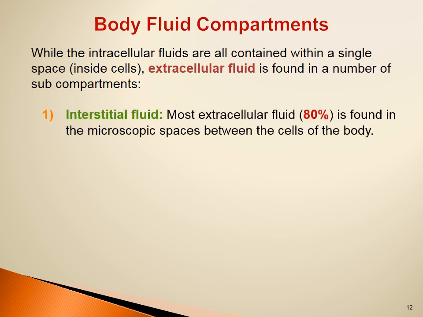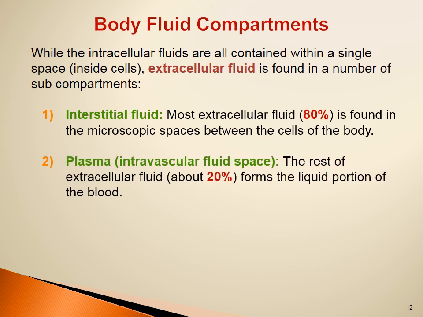These are the interstitial fluid: most of the extracellular fluid is found in the microscopic spaces between the cells of the body, and this represents about 80% of the extracellular fluid, as I said in the previous slide. The plasma, or the intravascular fluid space: the remaining 20% of the extracellular fluid forms the liquid portion of the blood, and this is called the plasma.